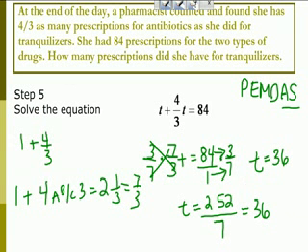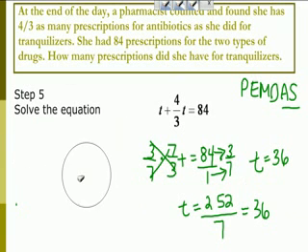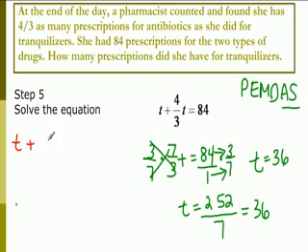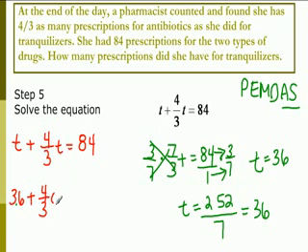Okay, and now we really need to check our problem. So I'm going to erase some of this here so we can check our problem. Alright, so we have T plus 4/3 T equals 84. We're going to substitute our number in for our T, so 36 plus 4/3 times 36 equals 84.